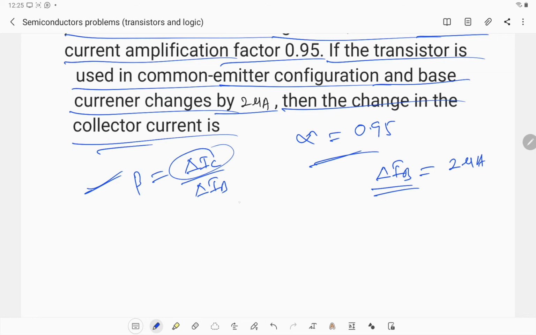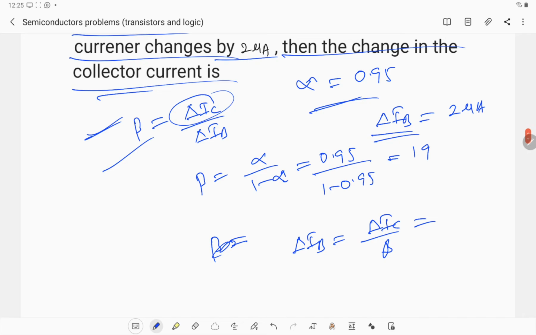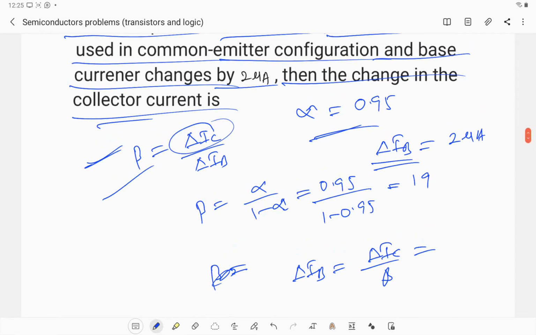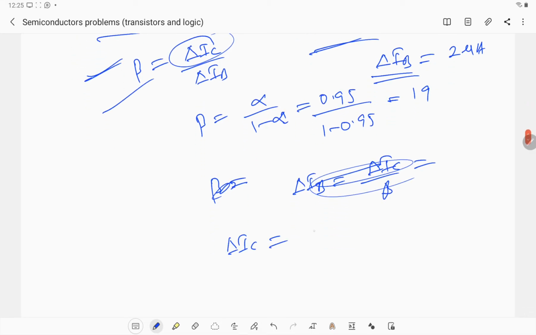But there is a relation between beta and alpha. Therefore, beta is equal to alpha by 1 minus alpha. This becomes 0.95 by 1 minus 0.95, which becomes 19. From beta equal to delta IC by delta IB, the change in collector current delta IC is equal to beta into delta IB.